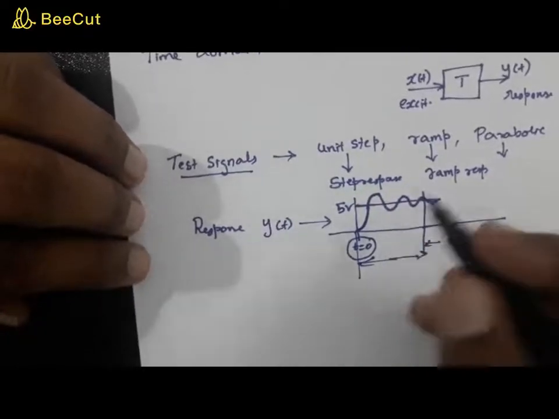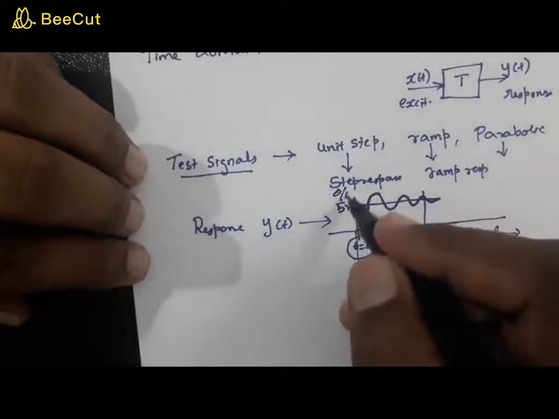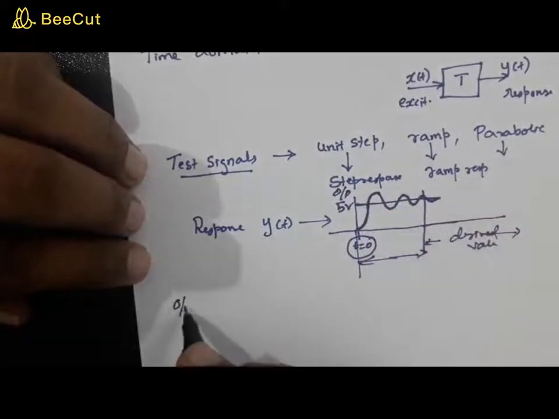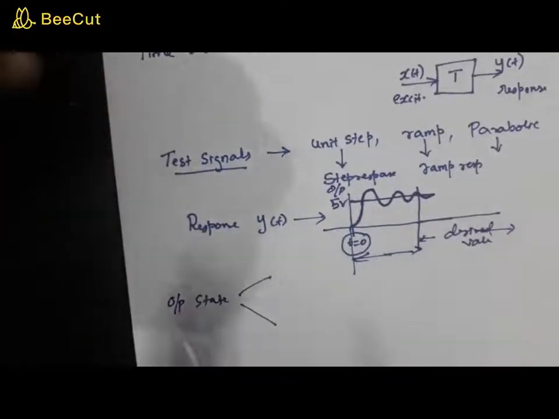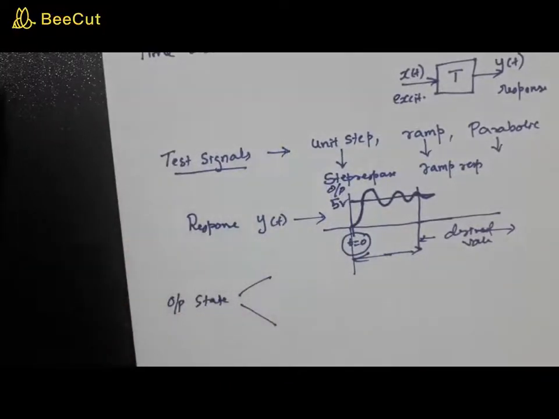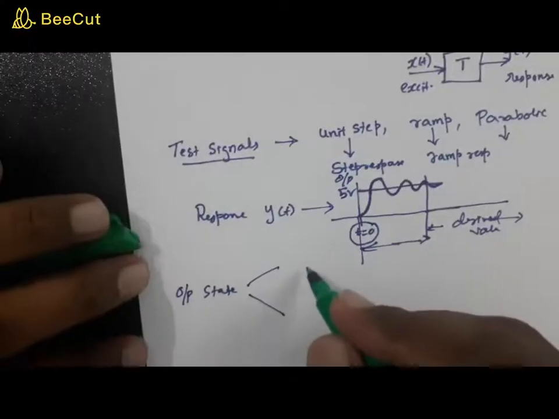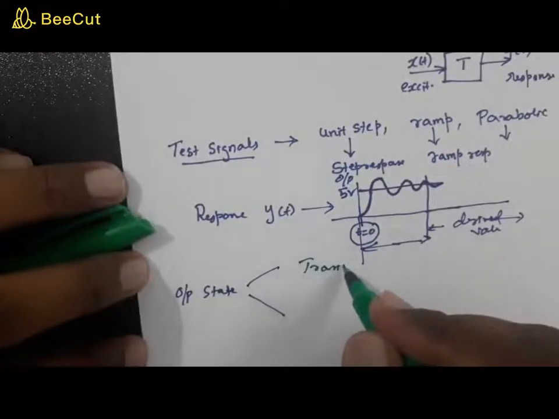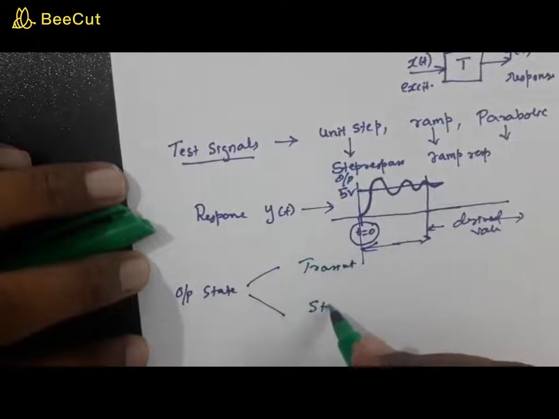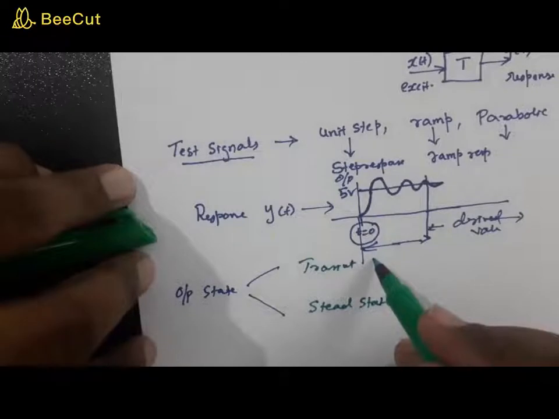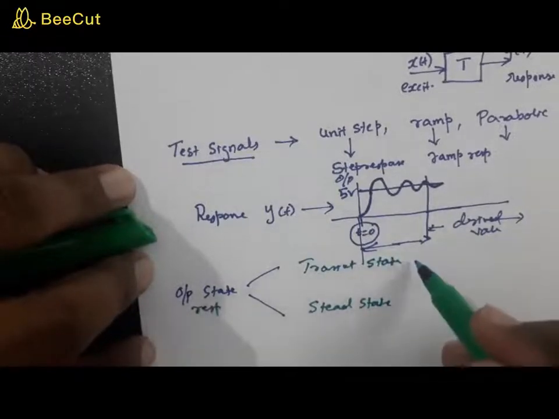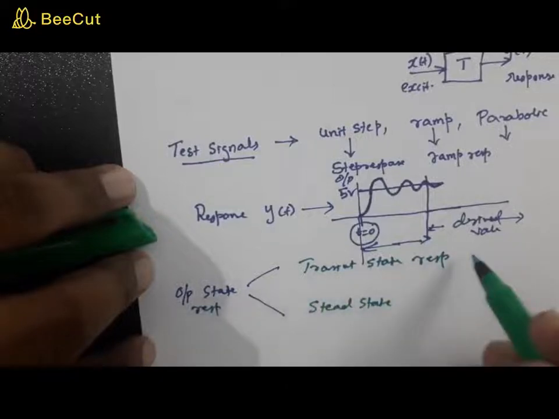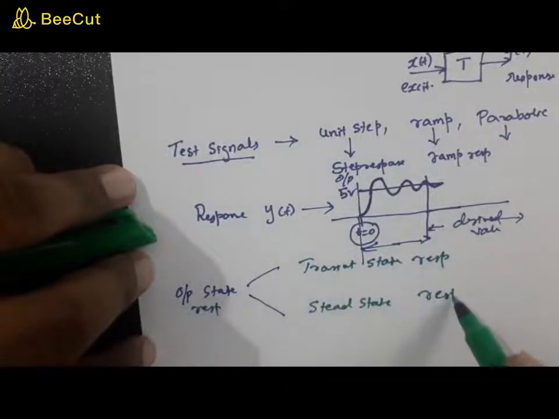This output can be divided into two states, called the transient state and the steady state.